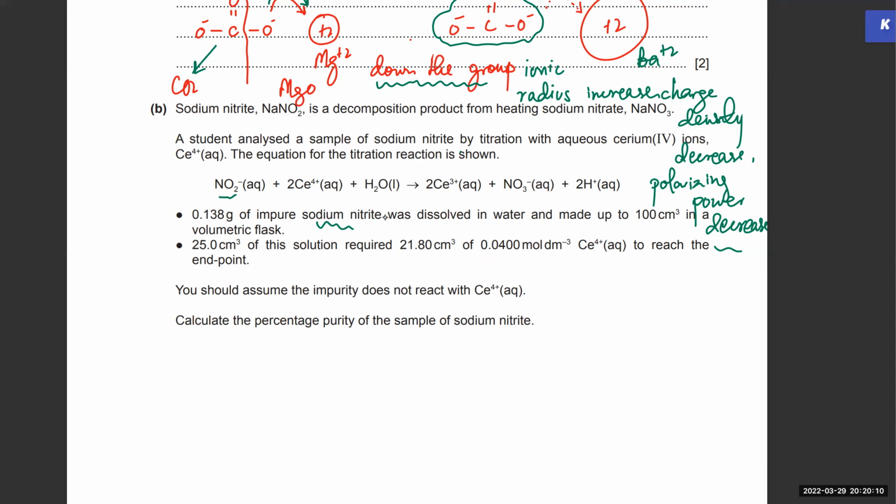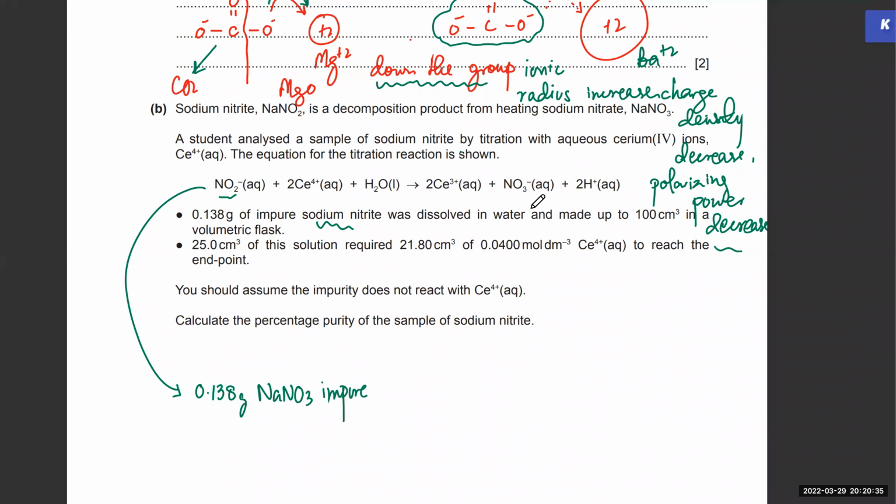Most of these nitrite ions are coming from sodium nitrite, right? I can't figure out the moles because it's impure. So you can't figure out the moles of this thing, right?